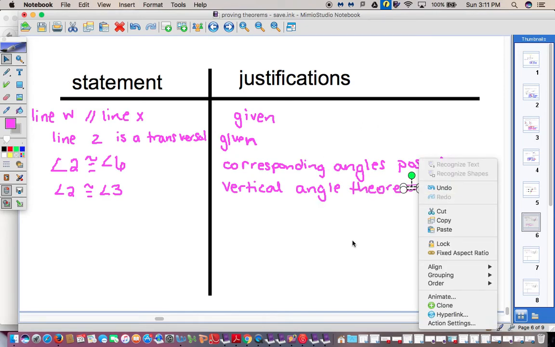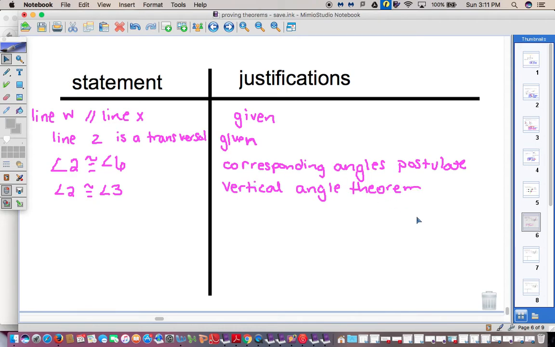Okay, and now we have a commonality here. We've got angle 2 is congruent to angle 6, and angle 2 is congruent to angle 3. So what property allows us to say that angle 3 is congruent to angle 6?